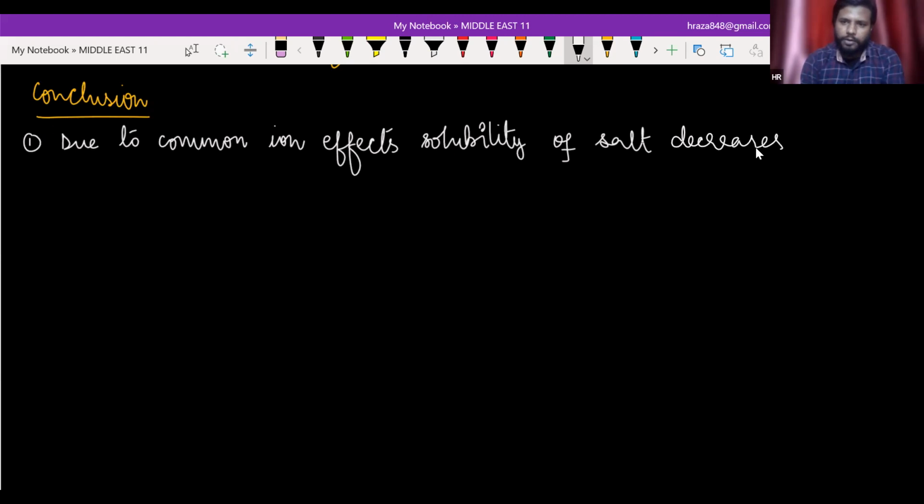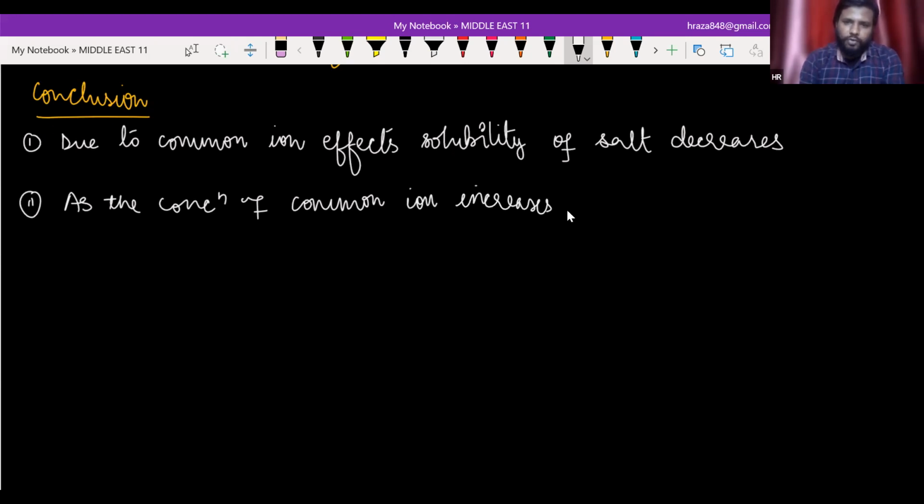Second point we can write: as the concentration of common ion increases, solubility of salt further decreases.